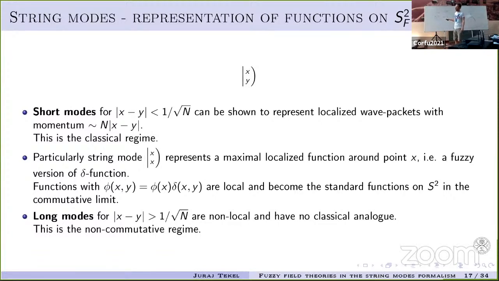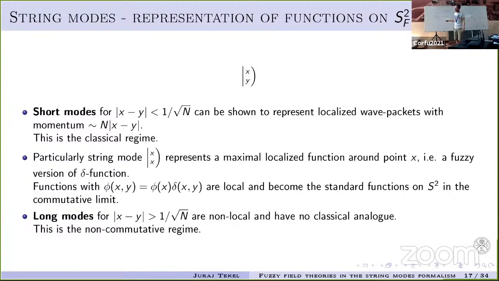And particularly when you take x equal to y, you get a wave packet with zero momentum. You get whatever is the maximally localized object you can get respecting the fuzziness of the sphere. So you get a fuzzy version of the delta function. And matrices that are represented with functions like this are best thought of as local functions.